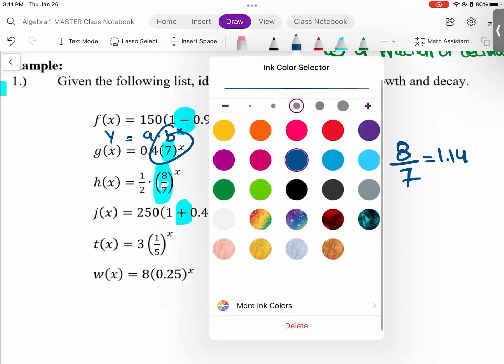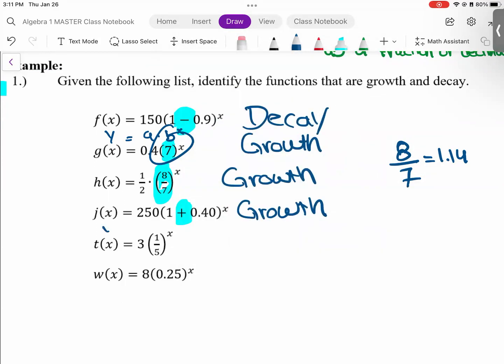Next one, I am going to write the equation again. So y equals a times b to the power of x, which means that's my b value. So my b value is 1/5. So if I put 1/5 into the calculator, I get about 0.2, which is not greater than 1.